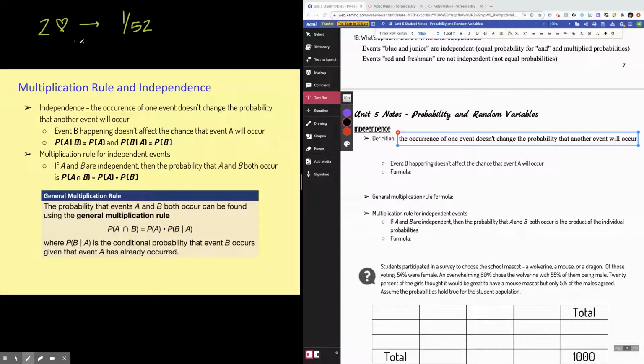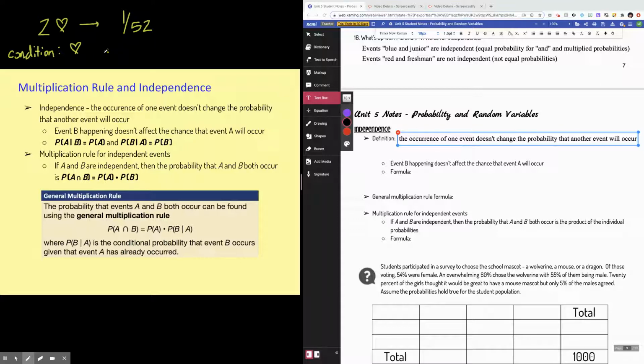So if I gave you more information at the start, if I told you that the card was a heart, if I give you a condition, before I show you the card, I tell you that the card is a heart. I'm not going to show it to you, but I'll tell you the card is a heart.